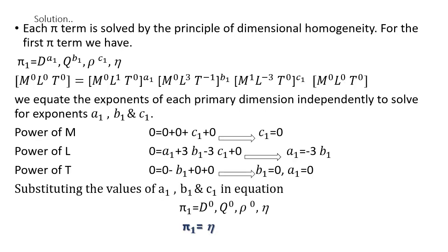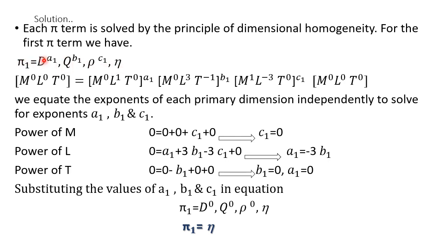Let's consider the first pi term. On the LHS, I have the pi term, which is dimensionless, so we have written m to the power 0, l to the power 0, t to the power 0. And on the RHS, I have all these variables.